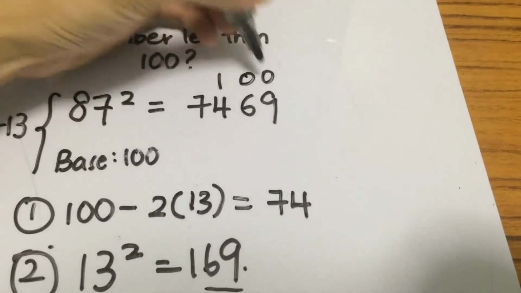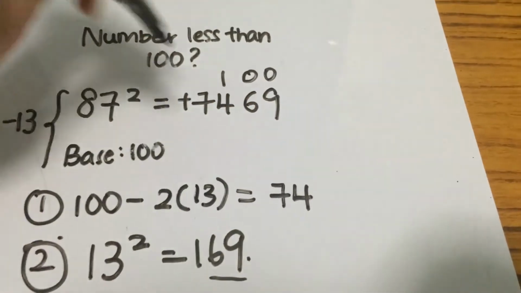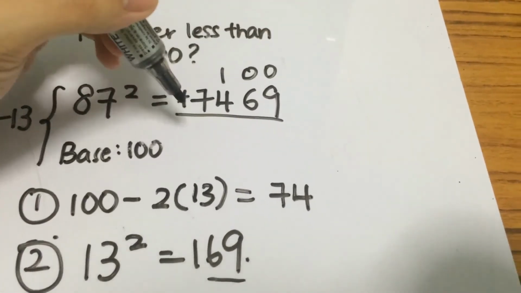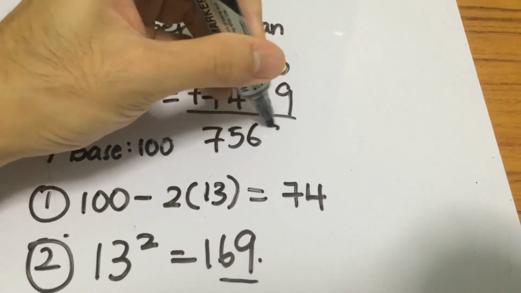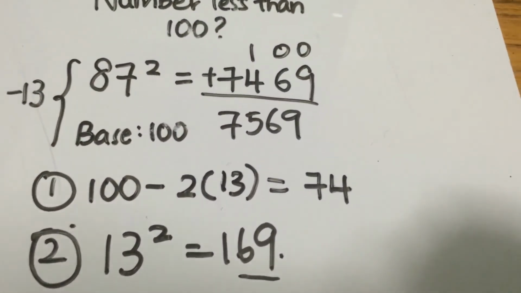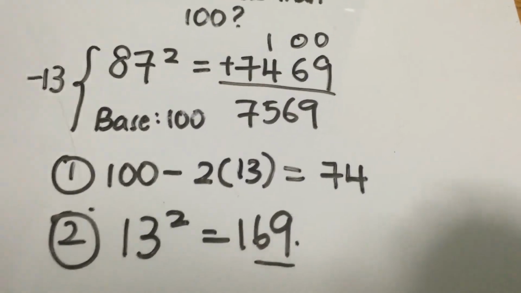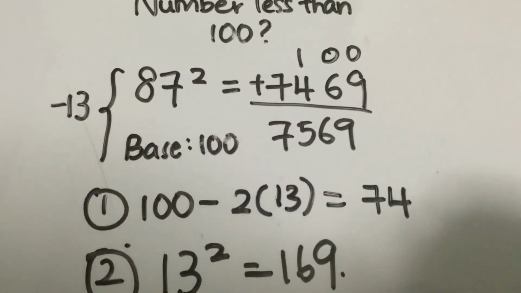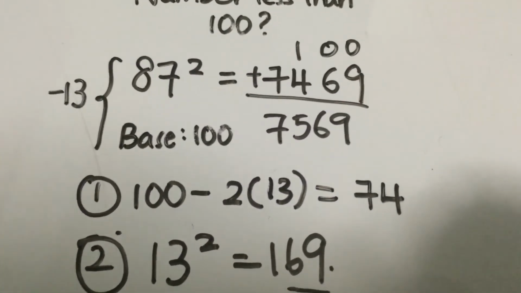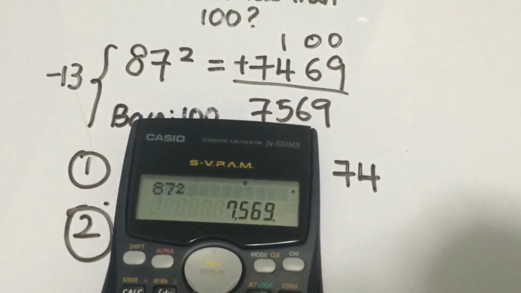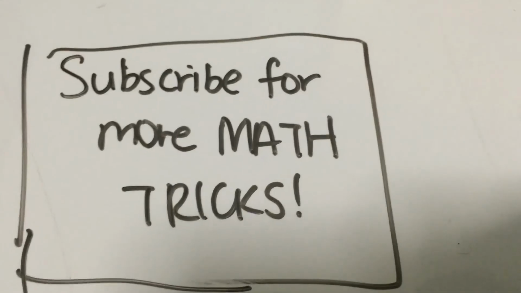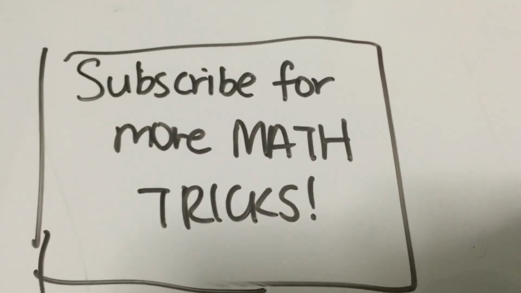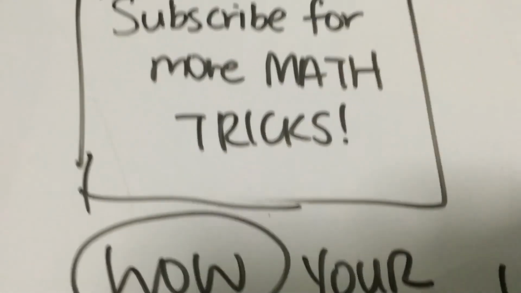Last but not least, we sum the two up: 7,400 plus 169 gives you 7,569, and that is the answer to my 87 squared. And here we go, using the calculator, we got the answer. 87 squared is 7,569.